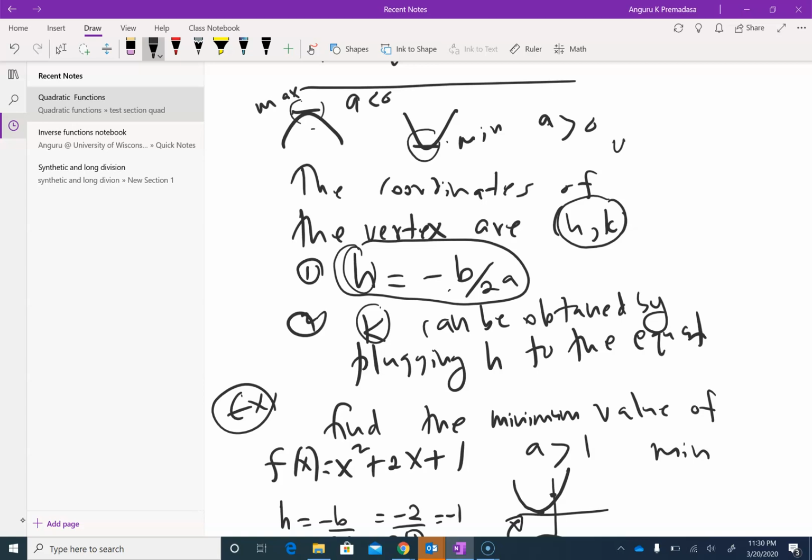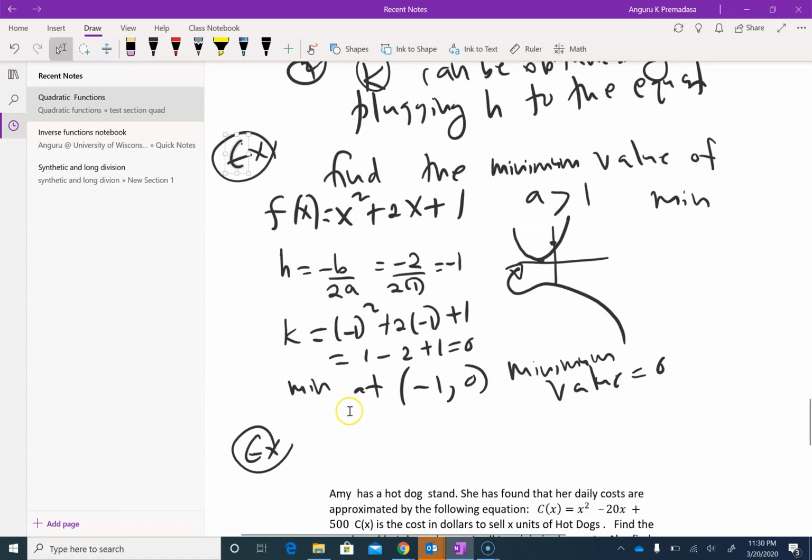Of course, we assume the equation to be ax squared plus bx plus c. So just plugging in for b and a, we can find h, the x coordinate, and then we plug that value h in for x, and the y value that we get will be the k.